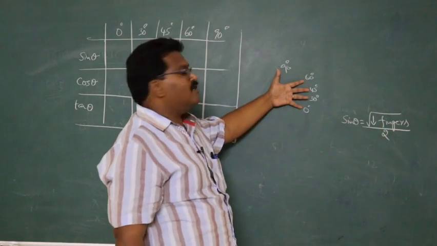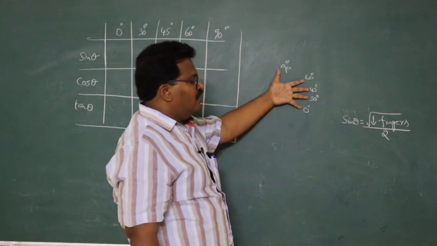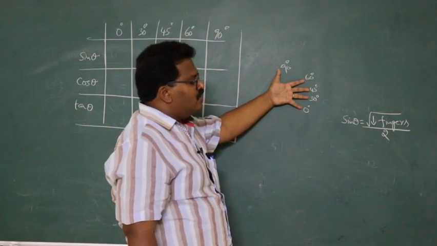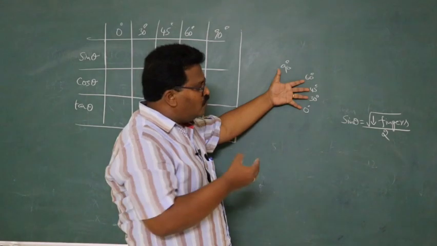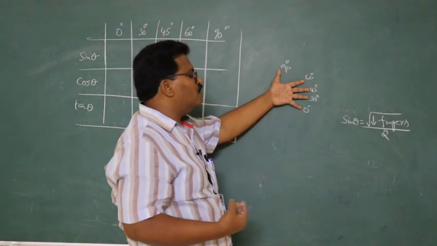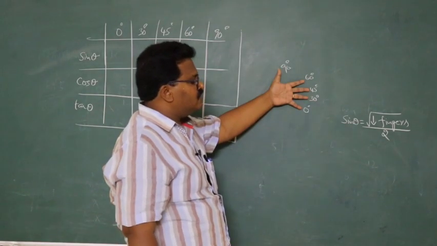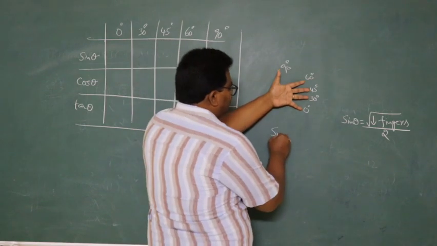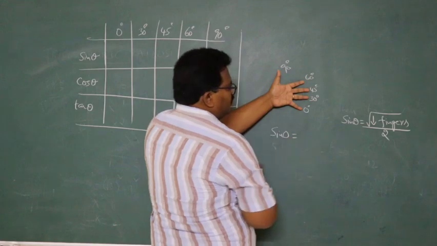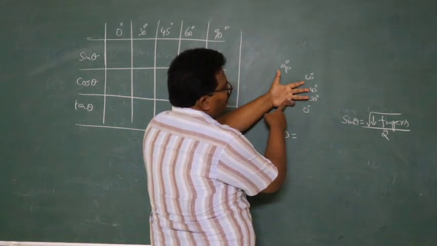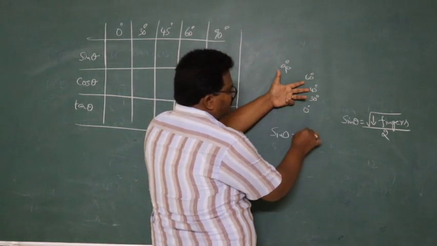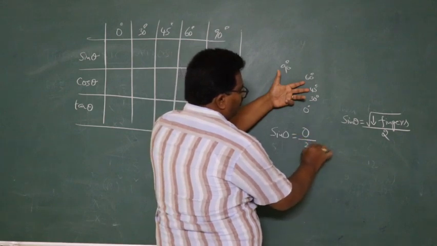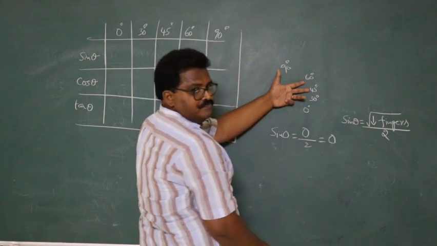By using this we can simply remember this. So first of all, how to find sine 0? Put like this, below there are no fingers, that is 0 by 2, that is 0.